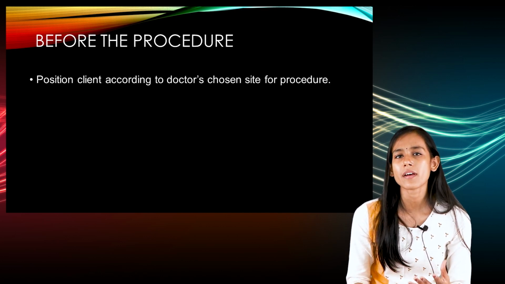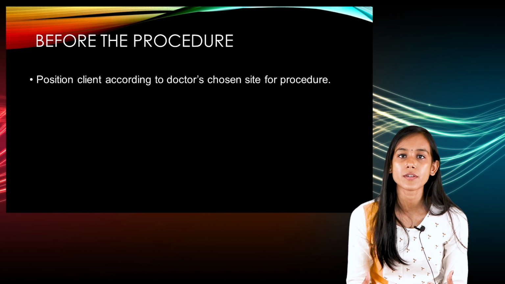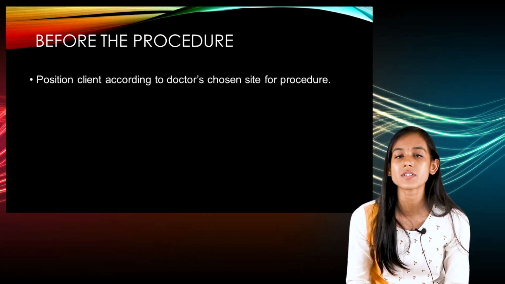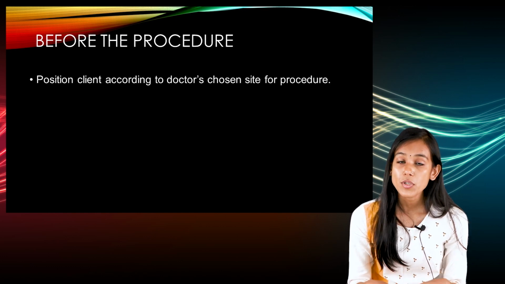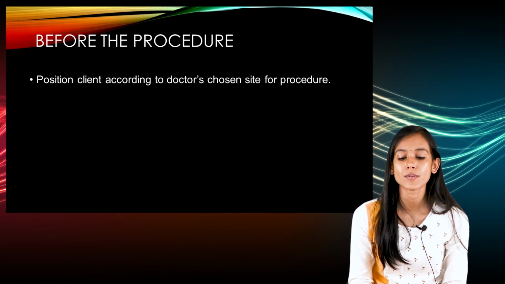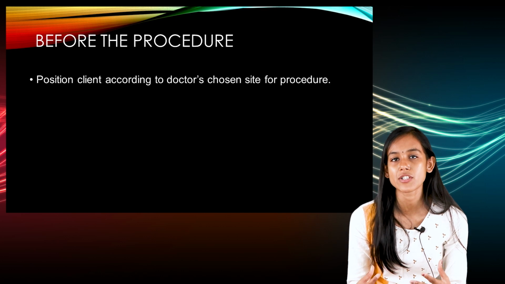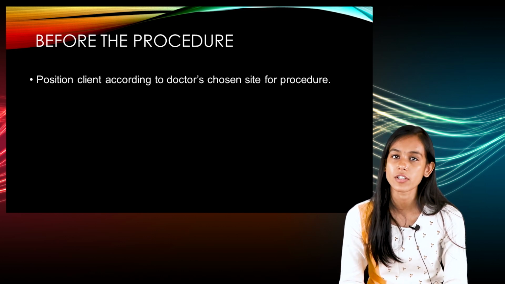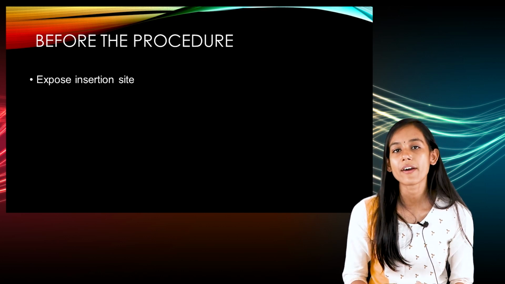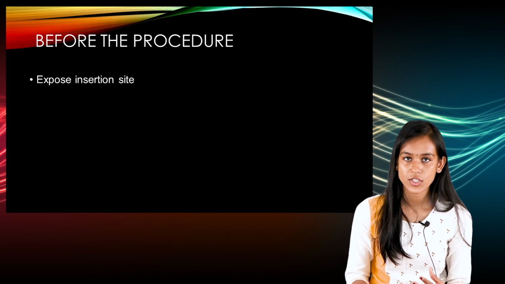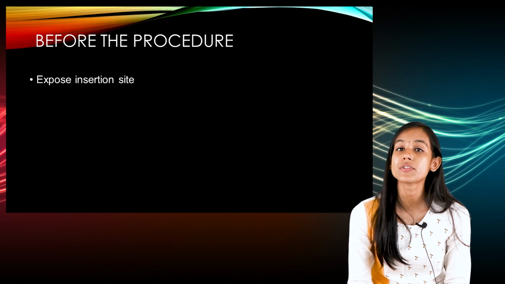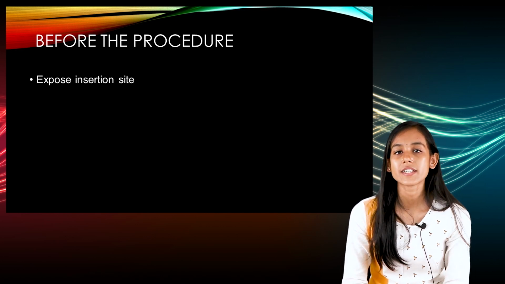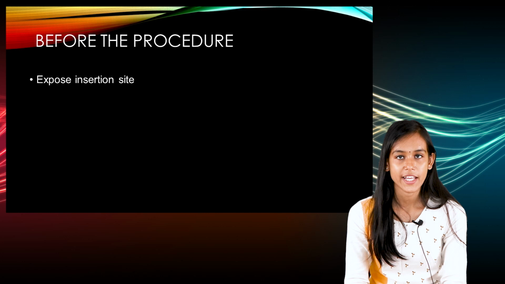So usually the doctor would choose the site, and based on the doctor's chosen site you position your client for the procedure. And then you have to expose the insertion site, so where the bone marrow needle would be inserted, that portion should be exposed.